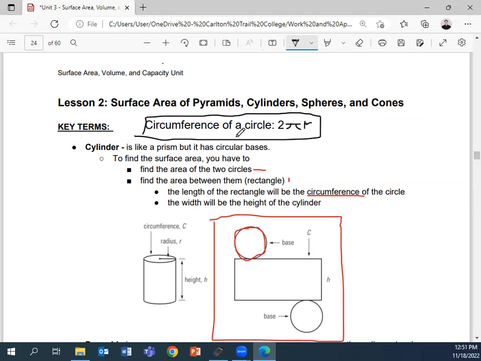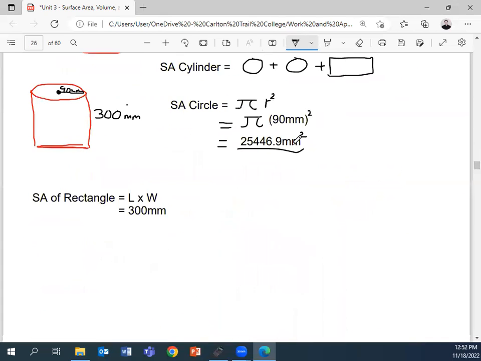So that's 90 millimeters, right? So everyone has that down? So it's 2 times pi times r, right?